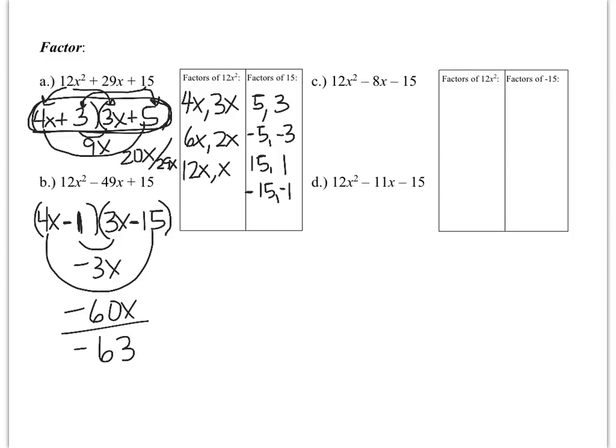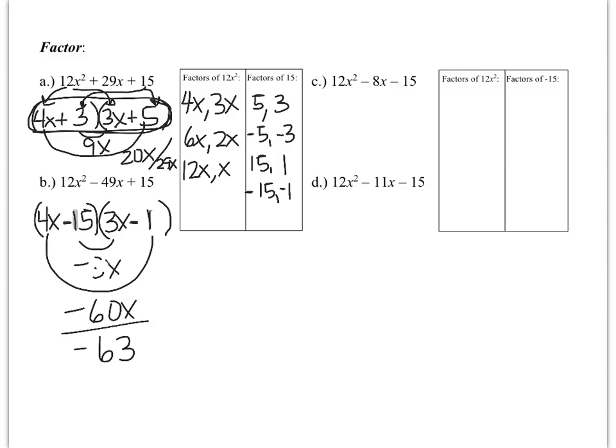So it might not be 4x and 3x, but before I throw out the 4x and the 3x, we are just going to erase where we put the 1 and the 15 and just switch their places first. So I'm going to put the 15 here and the 1 here.